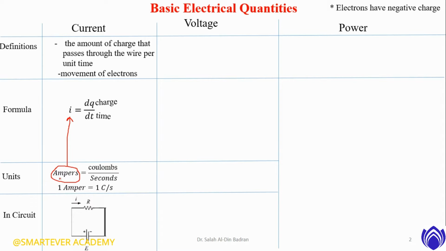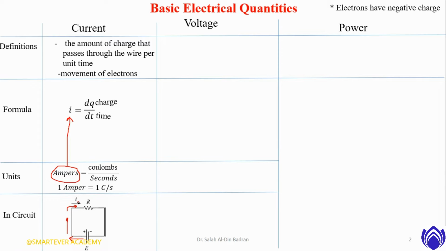In a circuit, how do we see the current? We cannot see the current, but this is how we usually draw the current in an electrical circuit. As you see, this is the source. This is an element that we call a resistor. And if the current is not given to you, you can draw it as an arrow that flows from the positive part of the source and continues in the circuit.